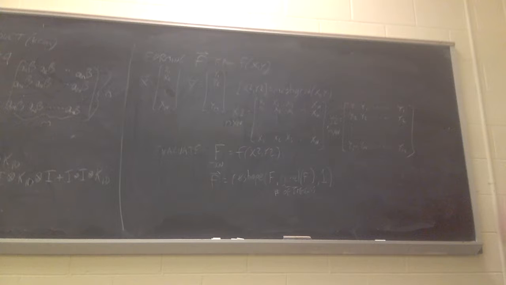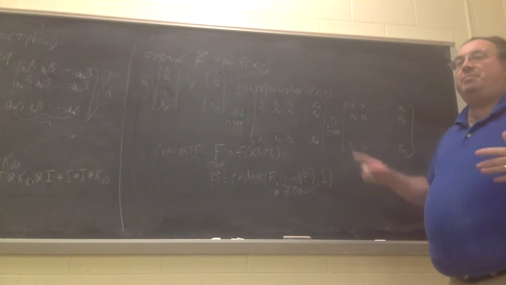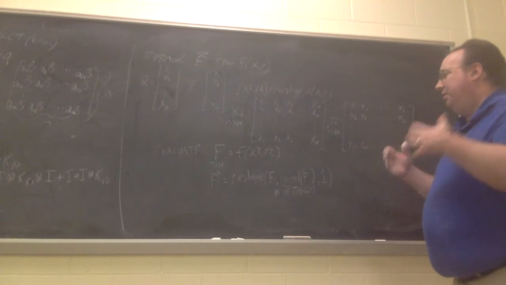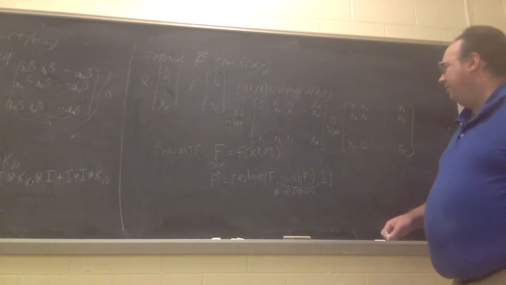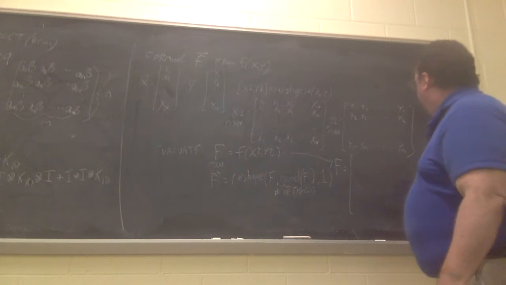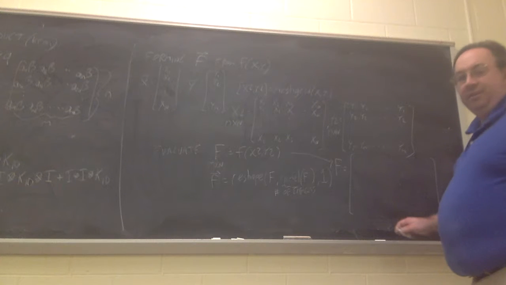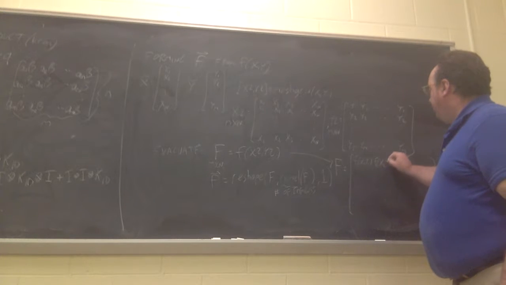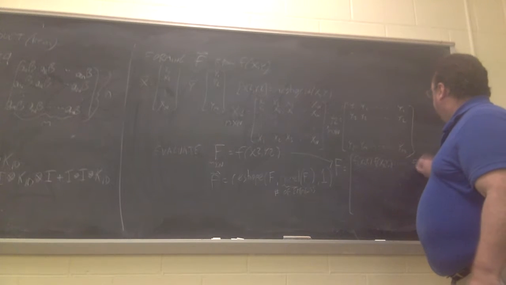Now, a very important quasi-computer sciencey point. How does reshape actually do its job? How does it form this matrix into a column vector? Keep in mind that f has this layout: f of x1, y1, f of x2, y1, f of xn, y1.